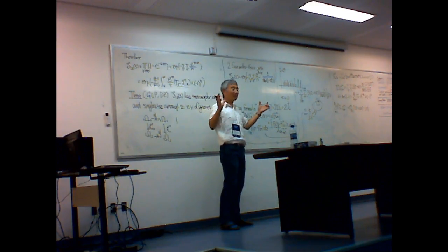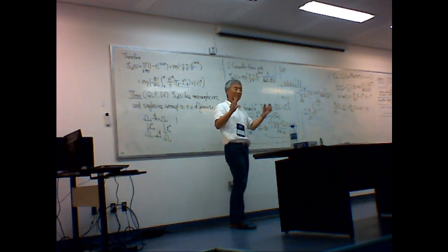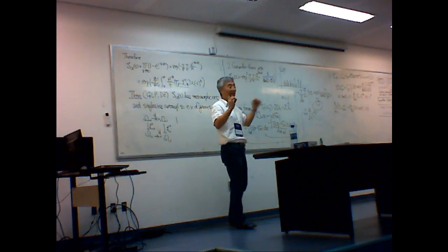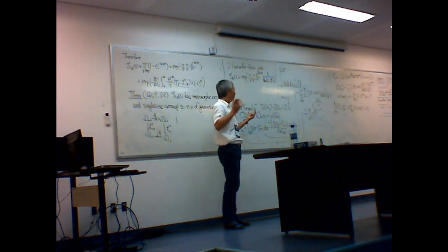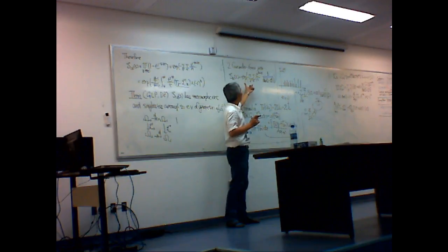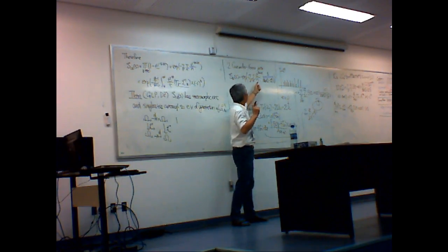For mathematicians it's rather crazy, but they did compute it. And then what they expect is that this function will have zeros at the square root of eigenvalues of the Laplace operator.